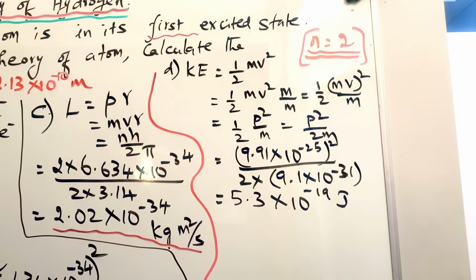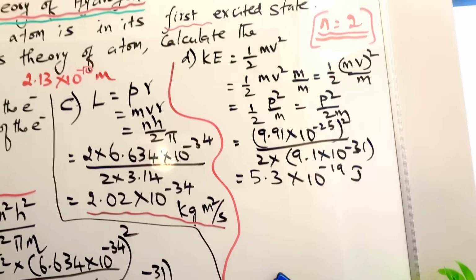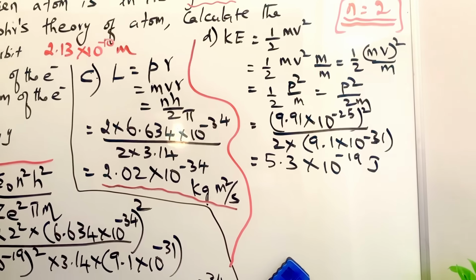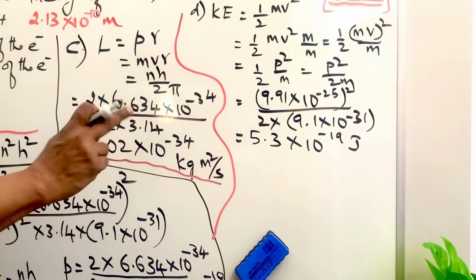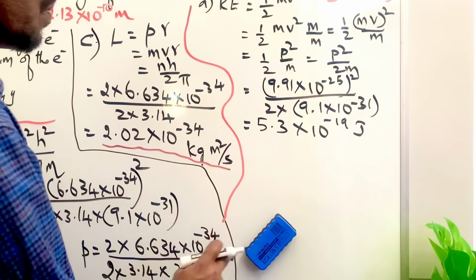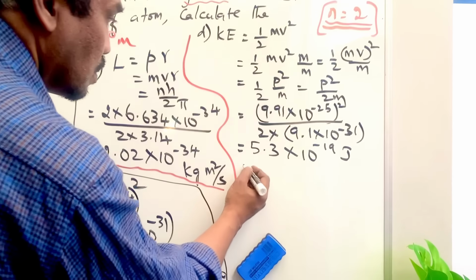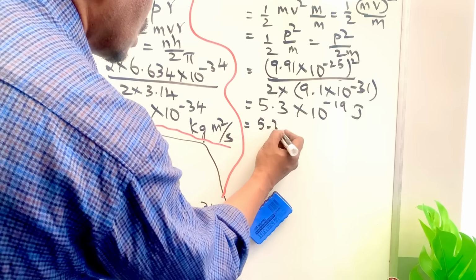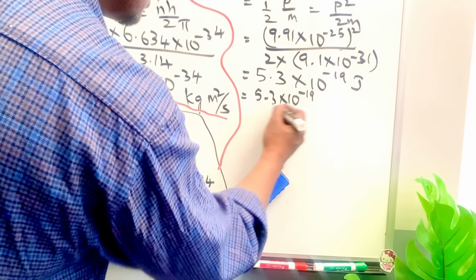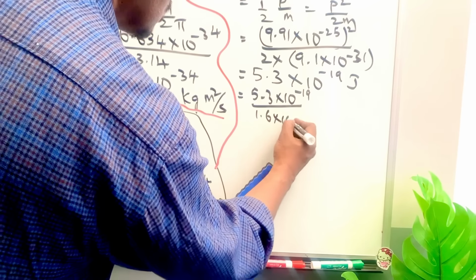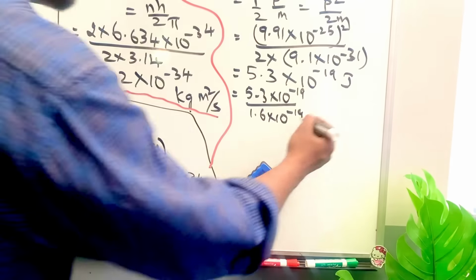In atomic physics, most of the energy calculations are done in terms of electron volt. So how to change joules into electron volt? Just divide by 1.6 times 10 to the power 19. So 5.3 times 10 to the power 19 divided by 1.6 times 10 to the power 19.